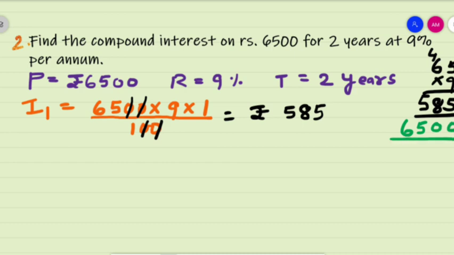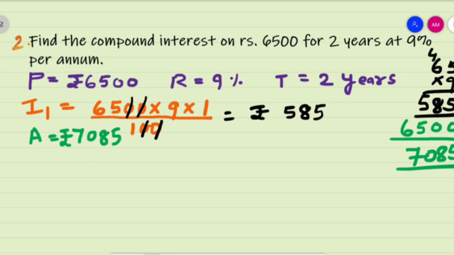So this is actually the amount after the first year. 6500 plus 585, so the amount after the first year is 7085 rupees. This 7085 will serve as the principal for the second year.